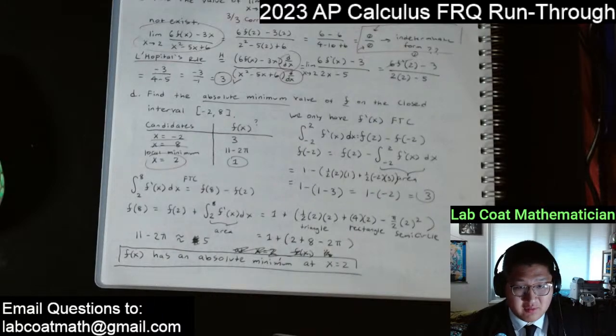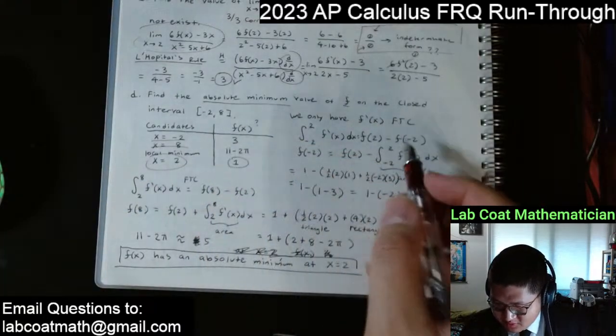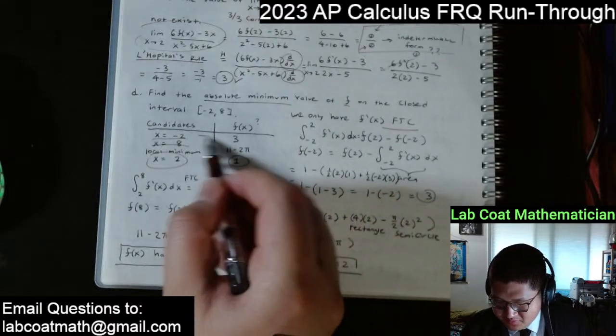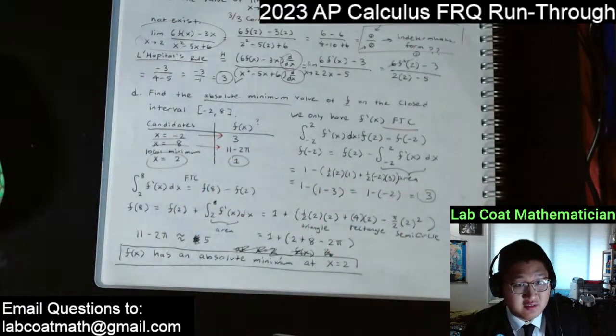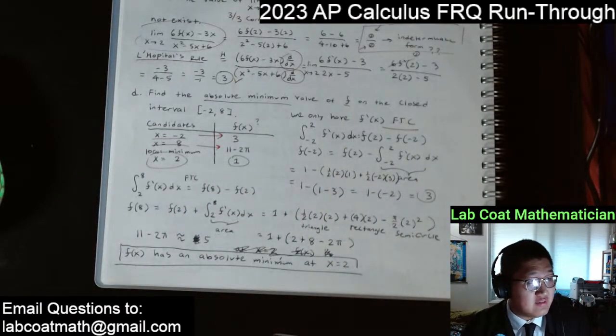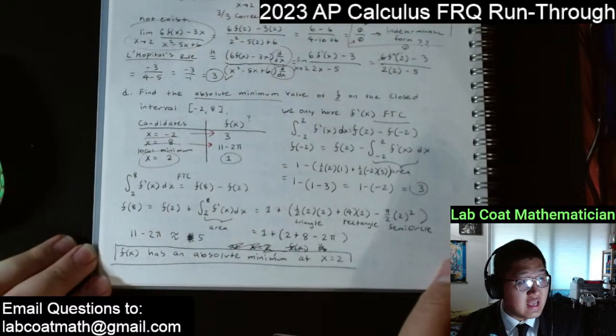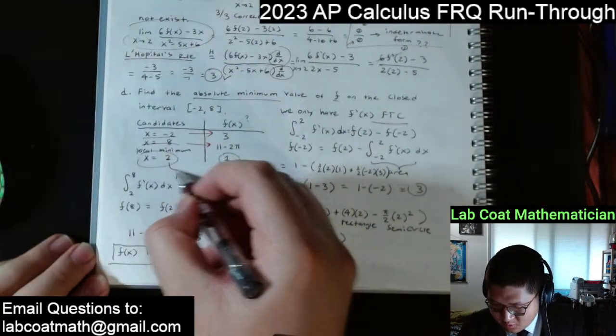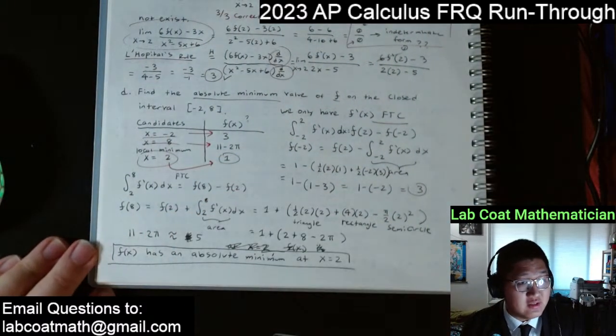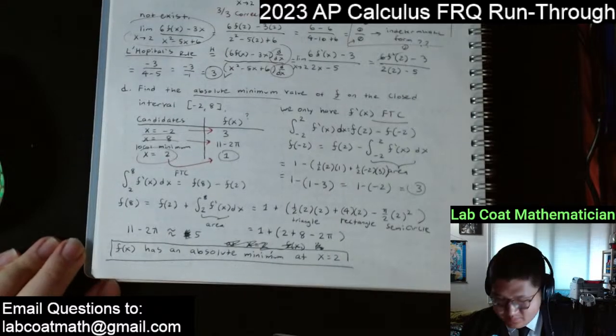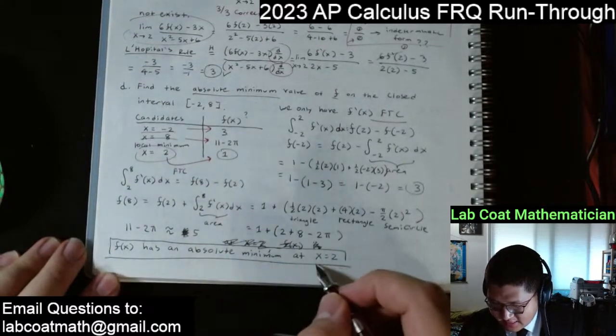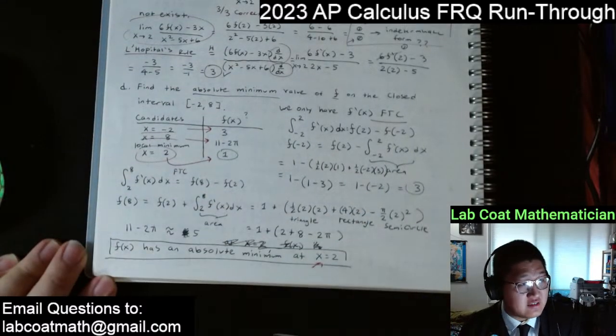Okay, so by running through all of this, we do get the proper results of using the fundamental theorem of calculus for the endpoints of +3 at -2 and 11 minus 2 pi at 8. And lastly, of course, our local minimum showing a +1 does confirm that the absolute minimum value, again, is at x is equal to 2 at 1 as its result.